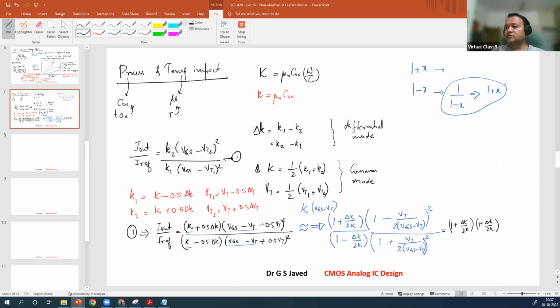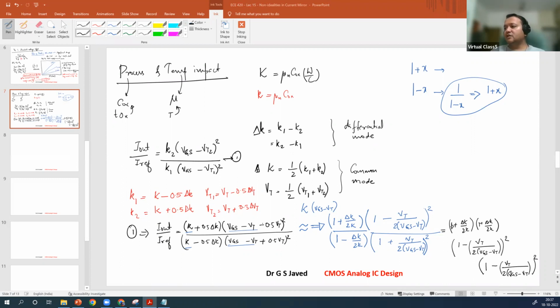Next, these two terms, 1 minus Vt by 2 (Vgs minus Vt) the whole square, multiplied by 1 minus Vt by 2 times (Vgs minus Vt) the whole square. So these will be the 4 terms that we get. And what do you see among these terms?